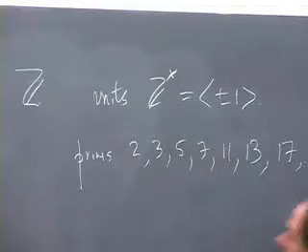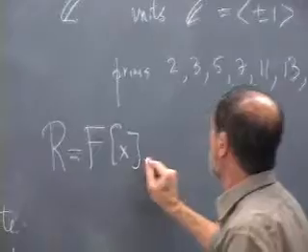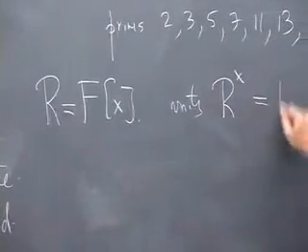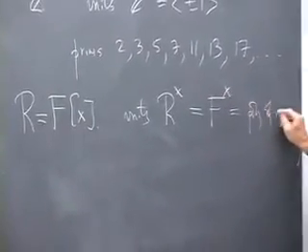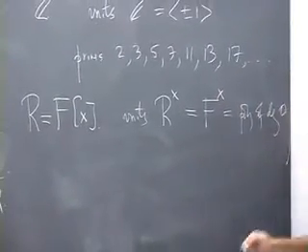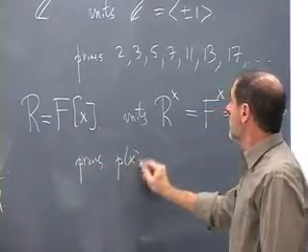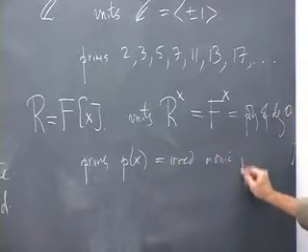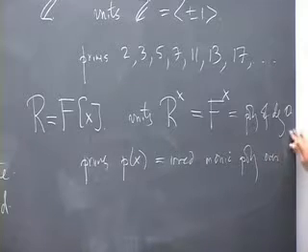And when we had the ring of polynomials over a field, the units R star were the same as the non-zero elements in the field, the polynomials of degree 0. And the primes, P of x, were the irreducible monic polynomials over the field.